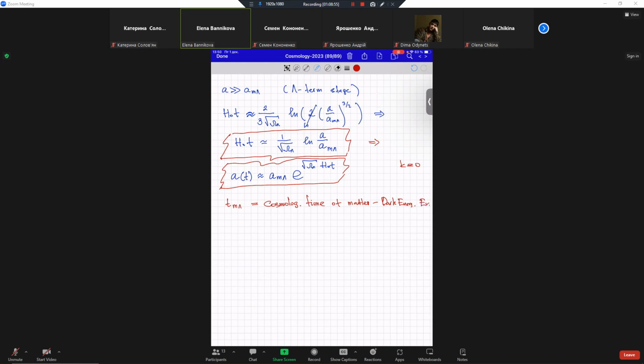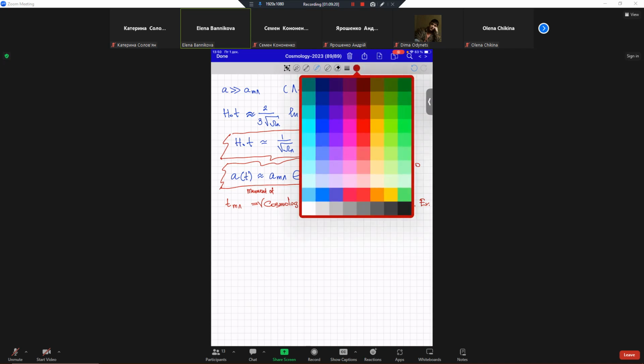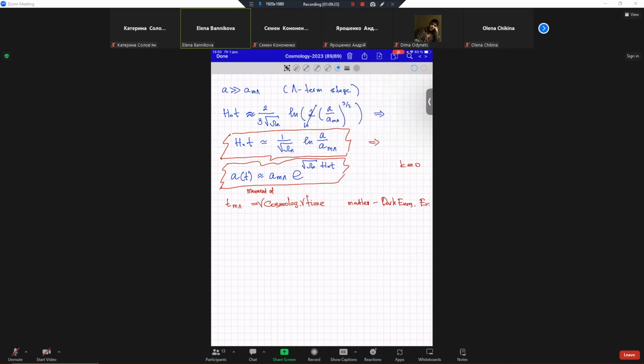Event means a moment of time, a cosmological moment, the moment of cosmological time when matter equals dark energy.